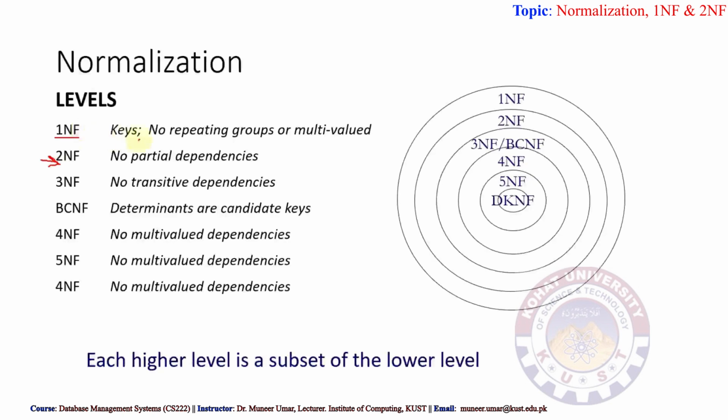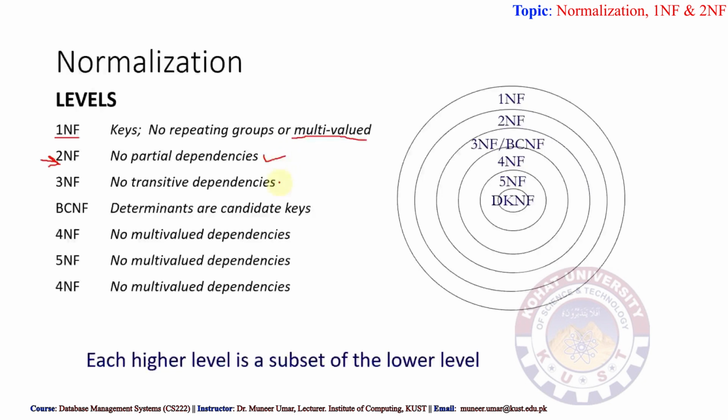In first normal form, we will remove the multi-valued attributes. Actually, we will give separate rows to each value in a multi-value attribute. In second normal form, we will remove partial dependencies. We have already studied these dependencies in our previous lectures.